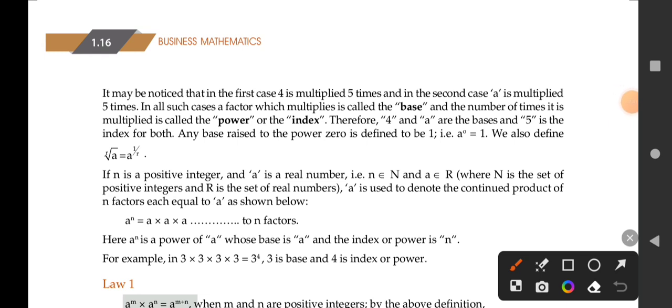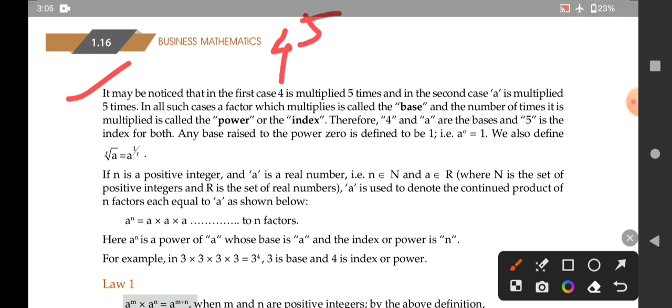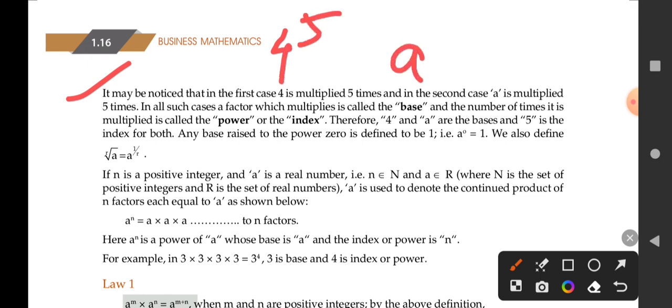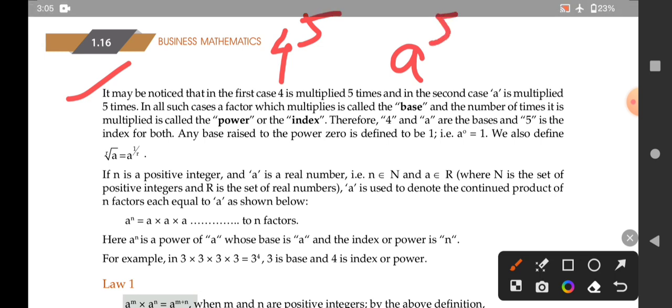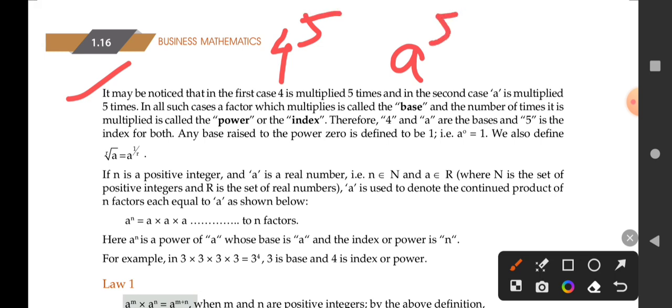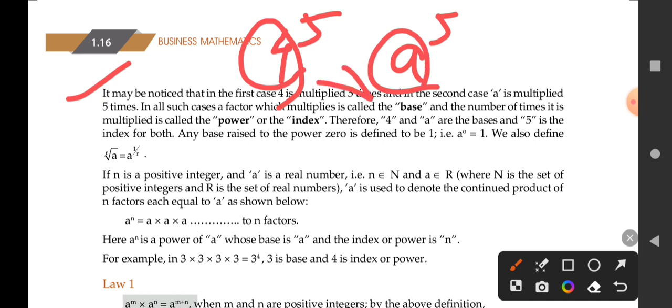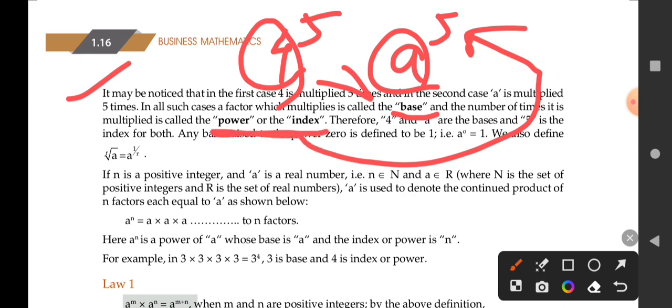It may be noticed that in the first case, 4 is multiplied 5 times, and in the second case, a is multiplied 5 times. In all such cases, a factor which multiplies is called the base. This is called the base, right? And the number of times it is multiplied is called the power or index.